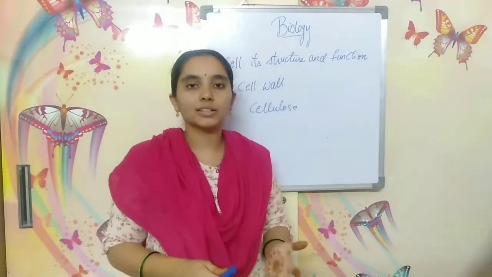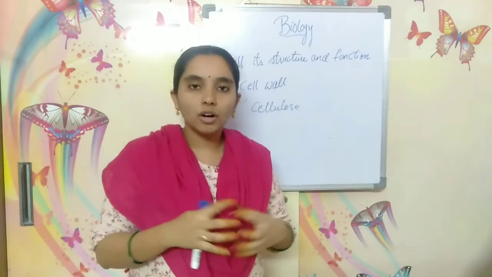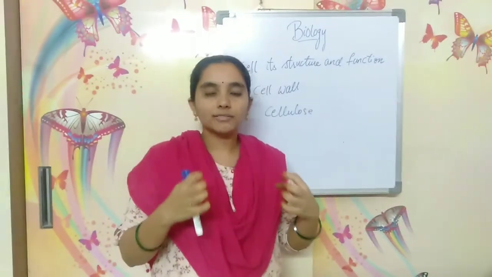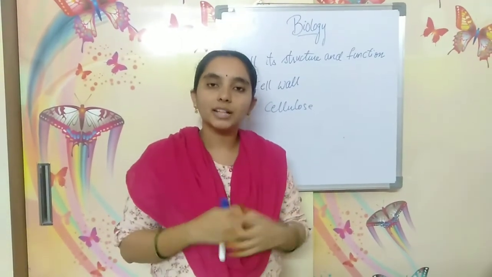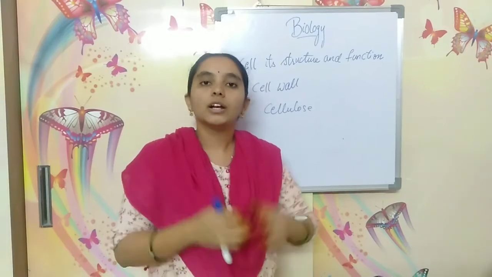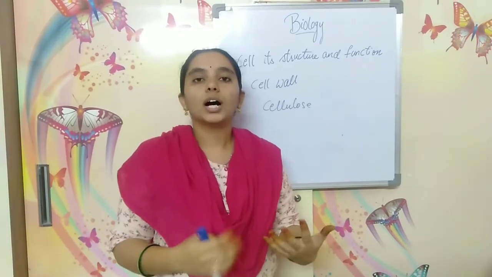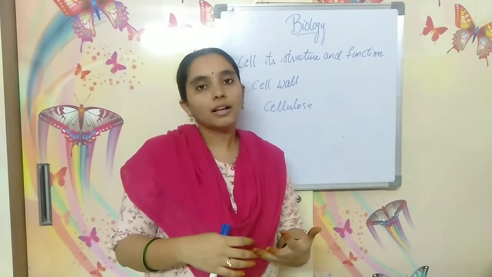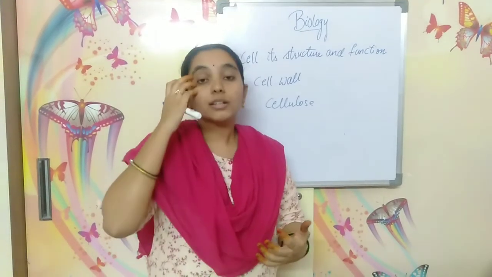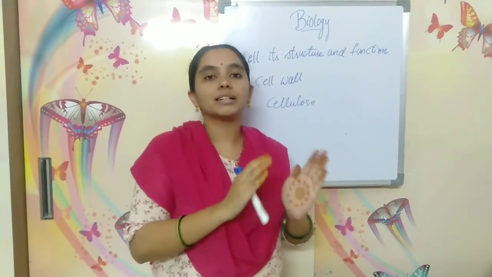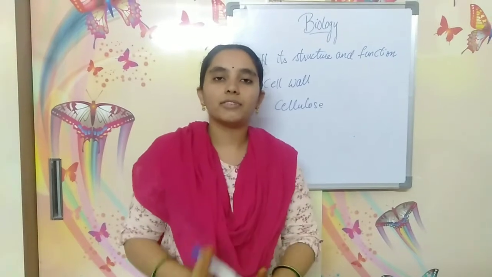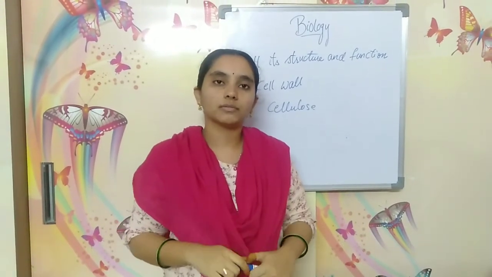Yes, this is because the cell wall gives physical support to the plant or the tree to withstand all these external problems. So this is the basic structure and function of the cell wall.